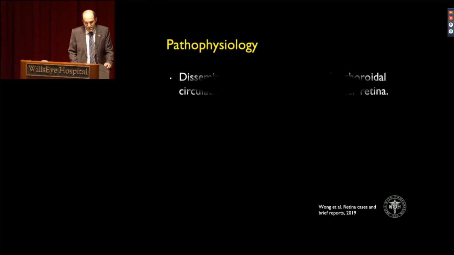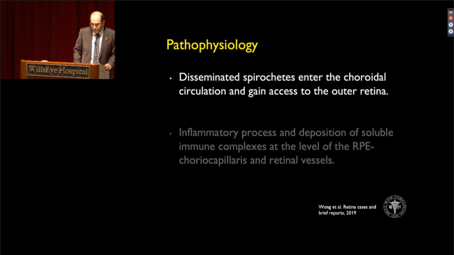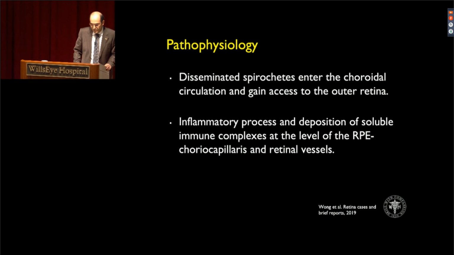The pathophysiology of placoid syphilis is not clear, but 2 mechanisms have been postulated. First is disseminated spirochetes entering the choroidal circulation and gaining access to the outer retina. And the second was inflammatory process and deposition of soluble immune complexes at the level of the RPE and choriocapillaris and retinal vessels.